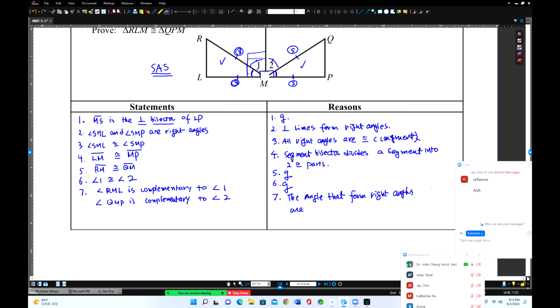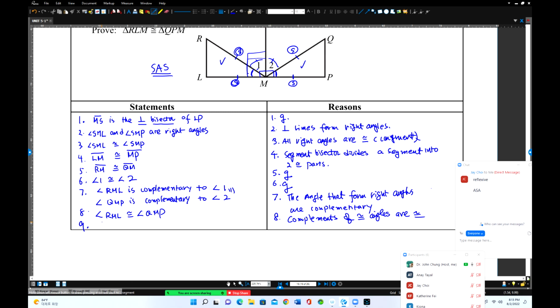Because they form right angles, they are complementary. We know that angle 1 and angle 2 are congruent, so these two complements are congruent. So angle RML is congruent to angle QMP. The reason is not supplement, but complement of congruent angles are congruent. Now you've got everything, side angle side.